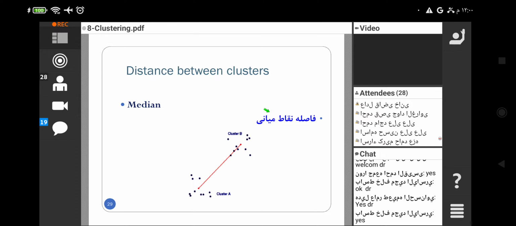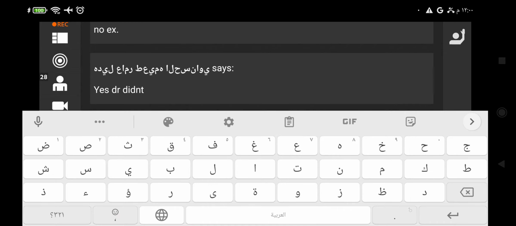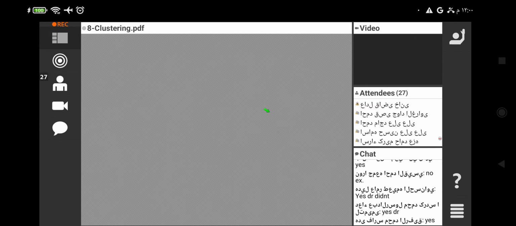So the final subject is an example about this hierarchical clustering. I will talk about this example and then we will go to the next subject.